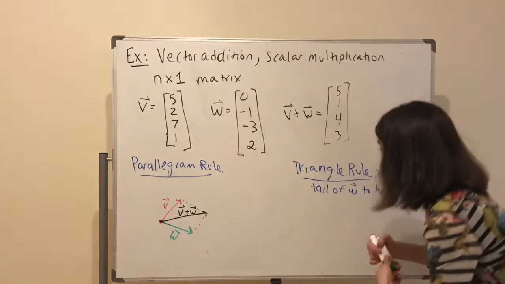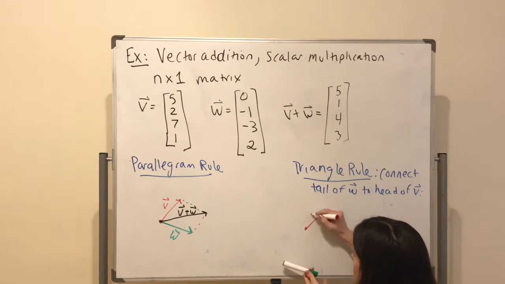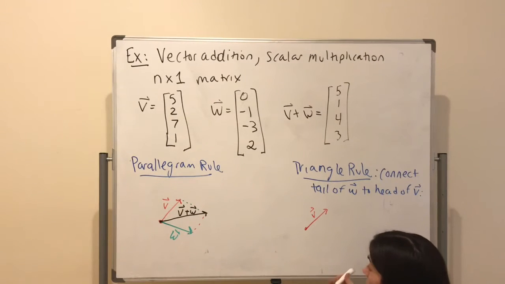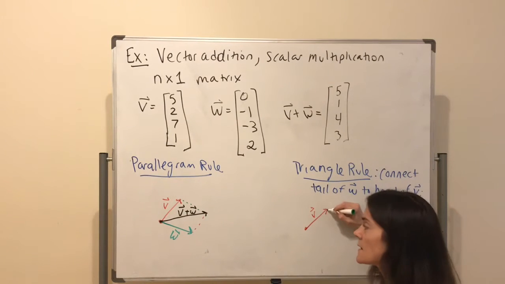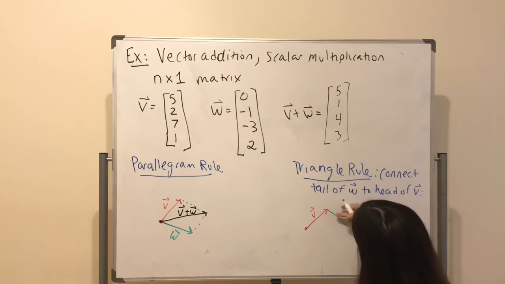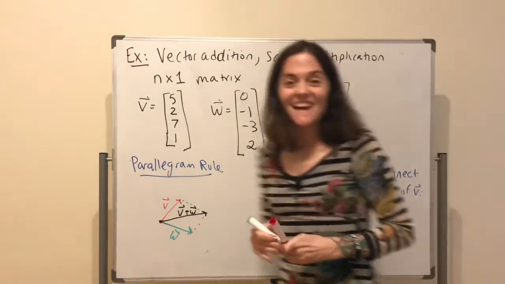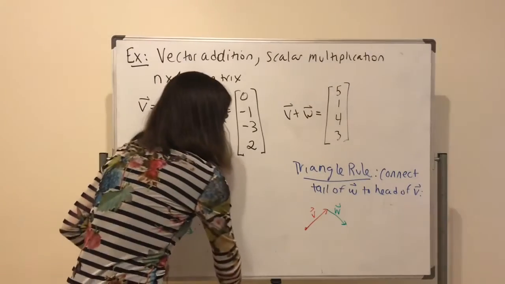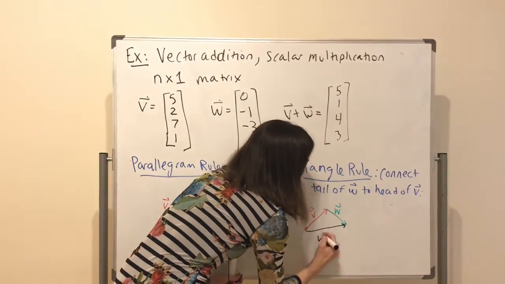So V was something like this. And then W, I see it here. But I want to connect the tail of W to the head of V, so maybe something like this. Here's W. And then connect, and this way will work. This is the triangle rule.